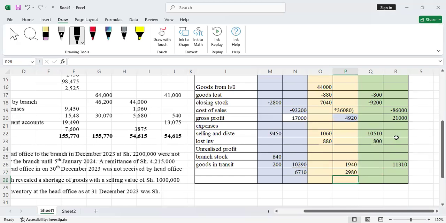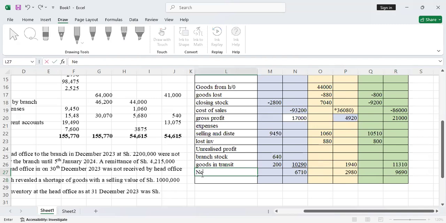And finally, okay, so far so nice. This is the net profit.